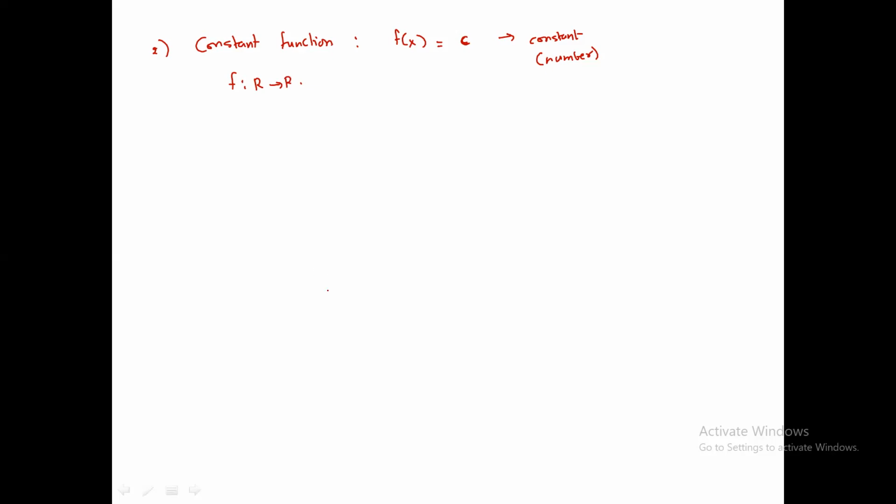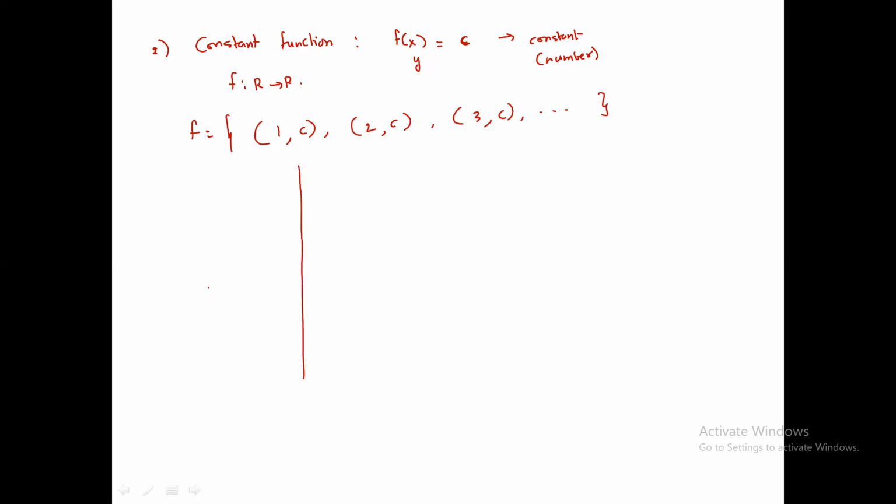When I take this function, y is always c. F of x means y. So y is always the number c. X can be anything. X can be 1, x can be 2, x can be 3, but y will be c.